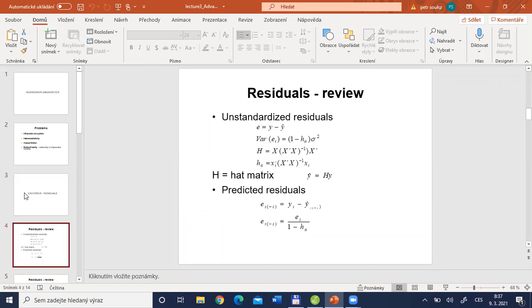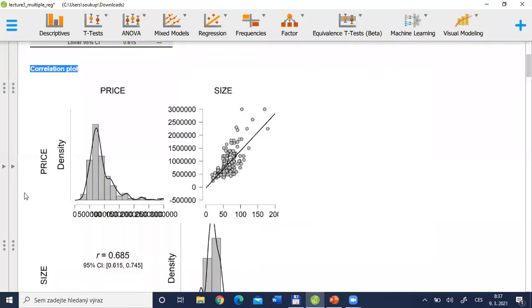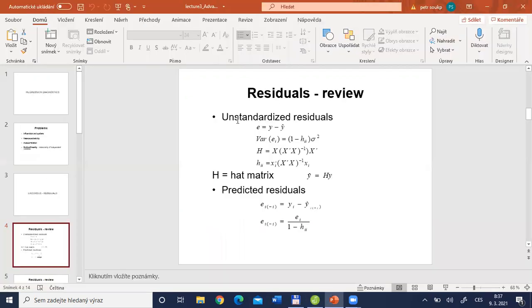So first of all, we can discuss so-called unstandardized residuals. It is only the difference between the real value and the value which is modeled by this line. Here, this is the second unstandardized residual, the third one, fourth one, etc. If you would like to show some equations, they are usually called small e's.